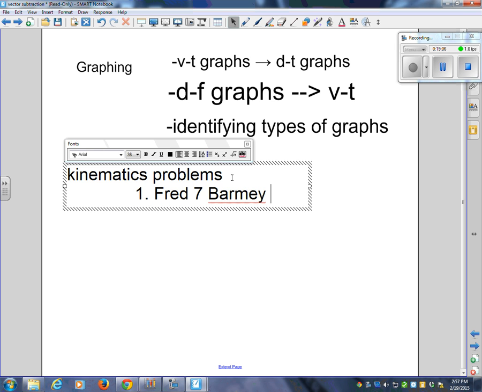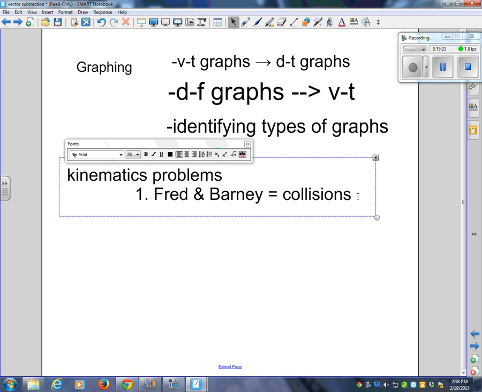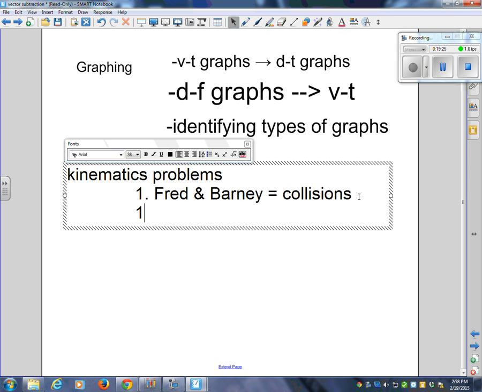Right, so there's the collision kind, and I guess you could call the other basic, classic. This is the one where you're given everything but one. And I guess you would be asked to find VI, or VF, or D, or T, or A.